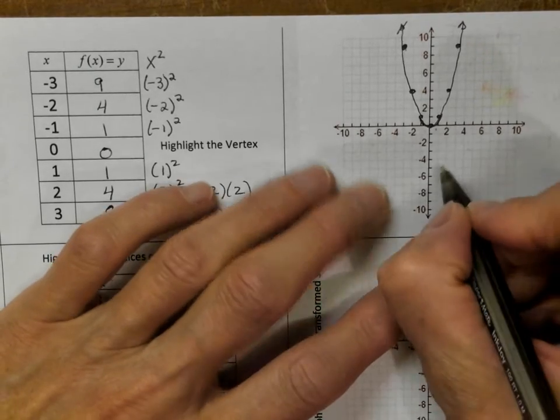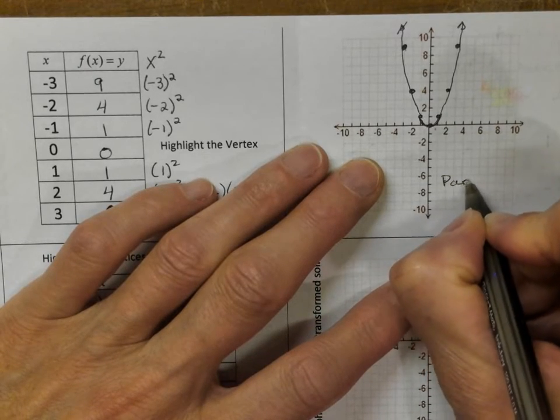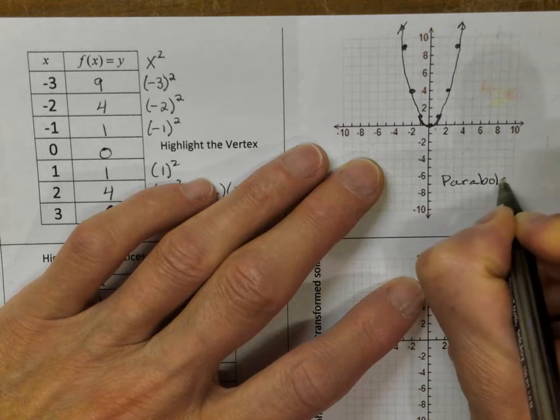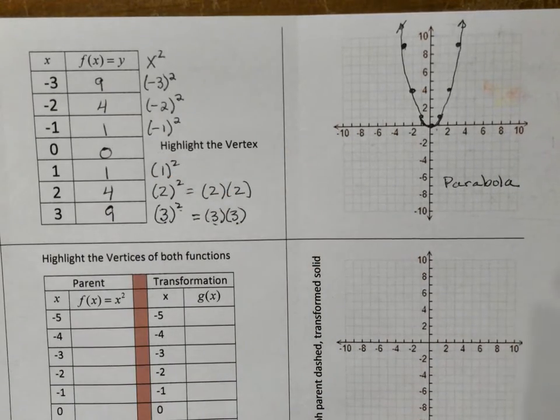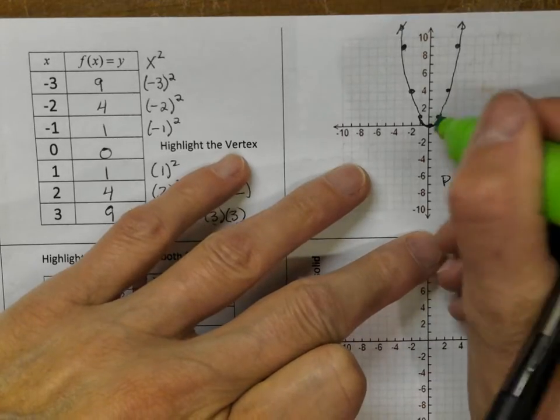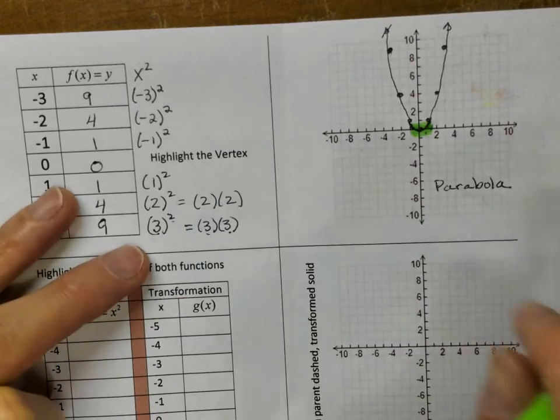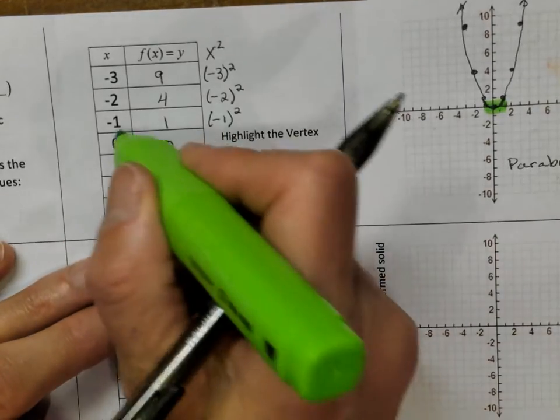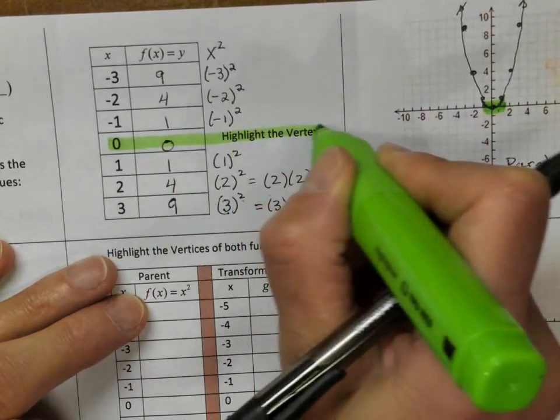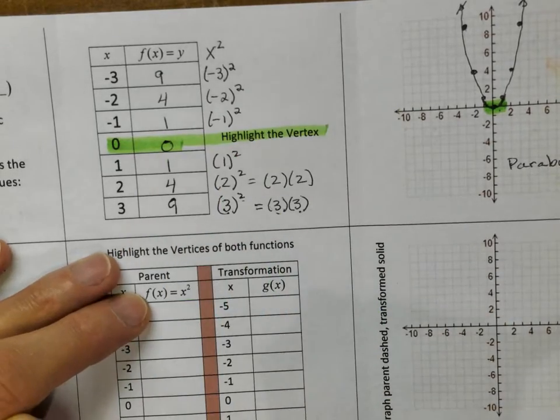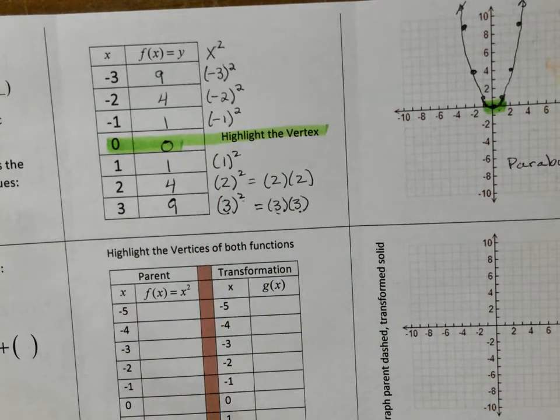Okay, so this here is our parabola, and our vertex is right here at 0, 0. Notice I said highlight the vertex. Our vertex is right here at 0, 0. That's really important.